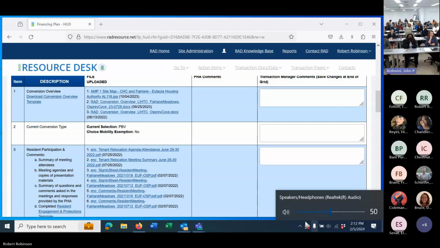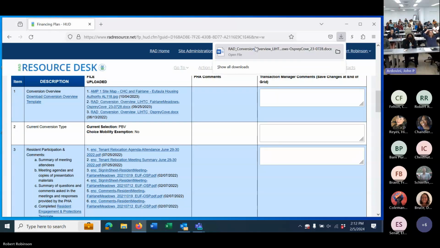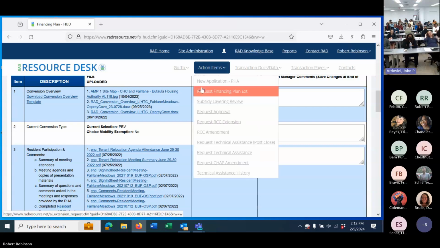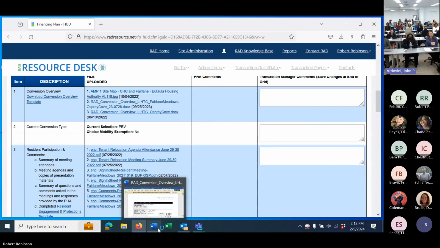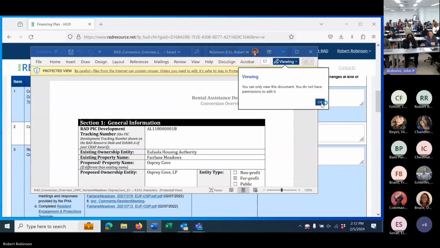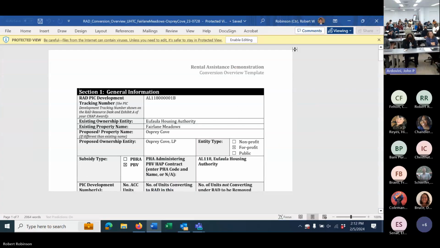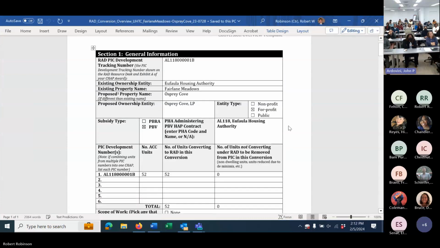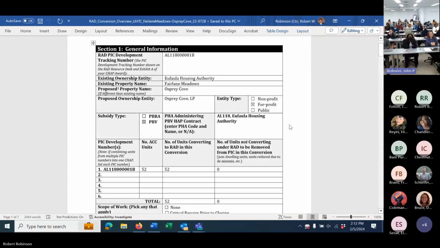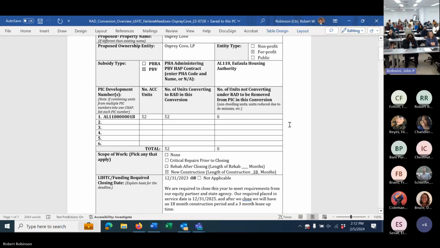When you open the conversion overview, you want to ensure that what's been described in the conversion overview is practically what you had heard in the concept call. And this is the transaction that you're going to be reviewing the underwriting for. In this case, when you open it up, it says there are 52 units that will be converting. And this is for Fairlane from Eufaula, Alabama.